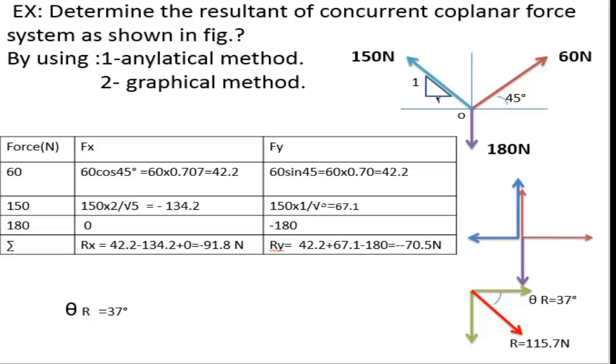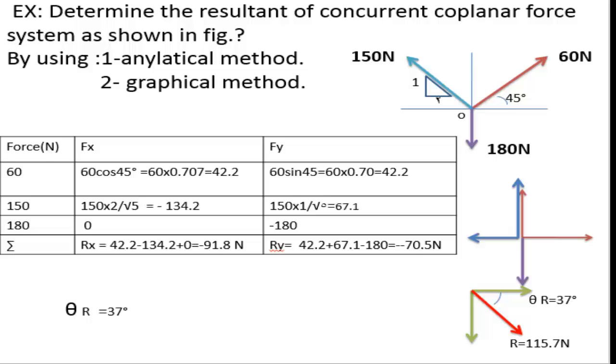Then to find the resultant of these 2 components in the y and x direction, we can apply Pythagoras theorem and calculate the resultant. Then the resultant R would be equal to root of 91.8 square plus 70.5 square.